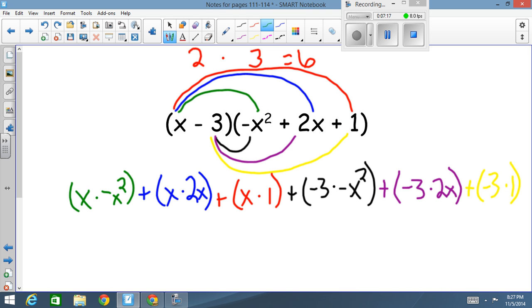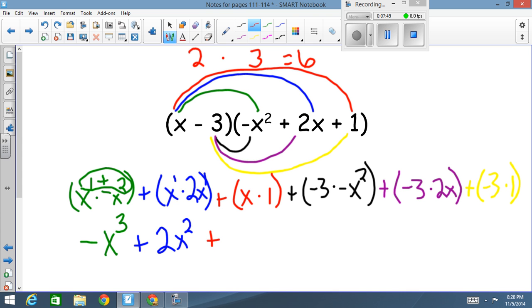So x times negative x squared. Well, a positive times a negative is a negative. This is like x to the first, and remember, when I multiply variables, I add their exponents, so this becomes negative x to the third. If I have x times 2x, that's going to be 2x squared because I'm doing 1 plus 1 with the exponents.